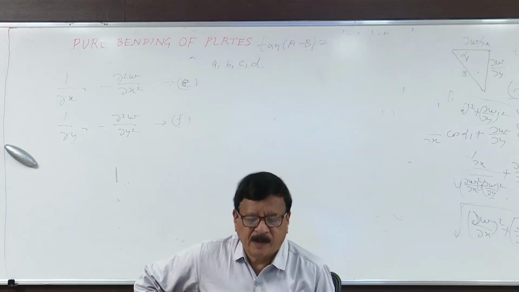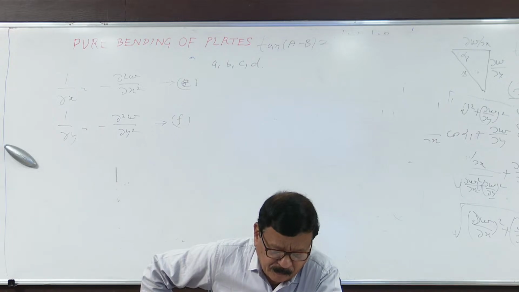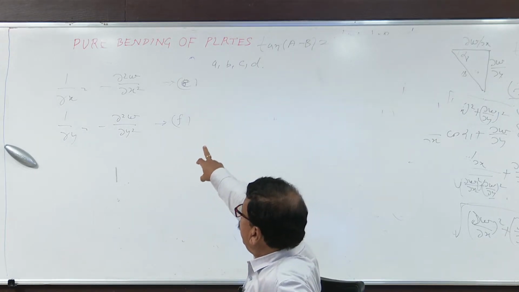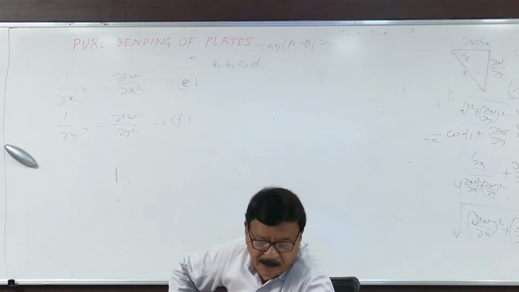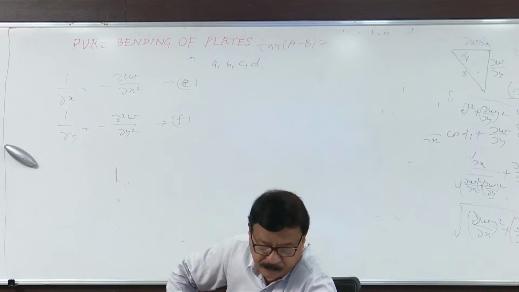About the sign, in the same manner we obtain the curvature in the plane parallel to the YZ plane. It was in the XZ plane, and in the YZ plane it is 1 upon Ry, equation F.